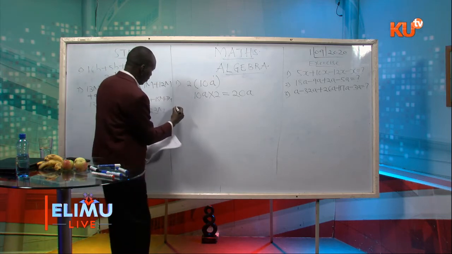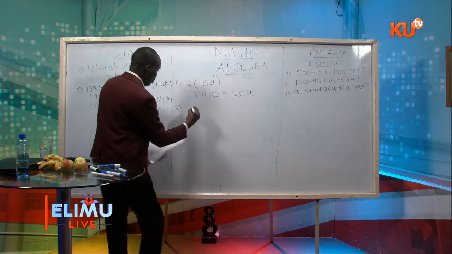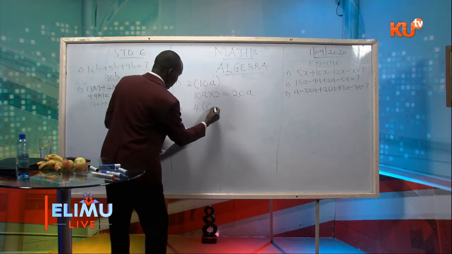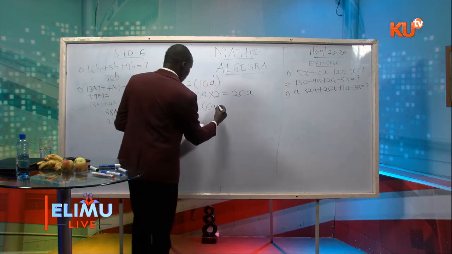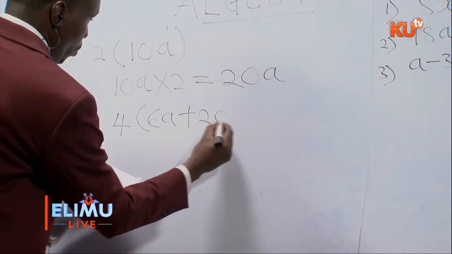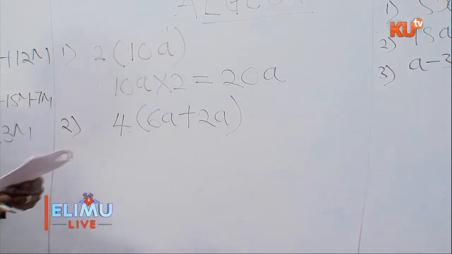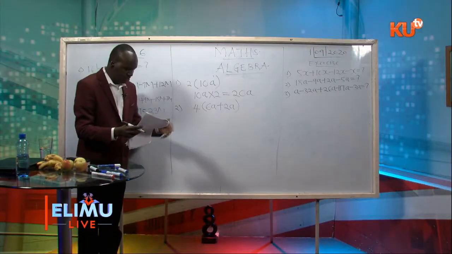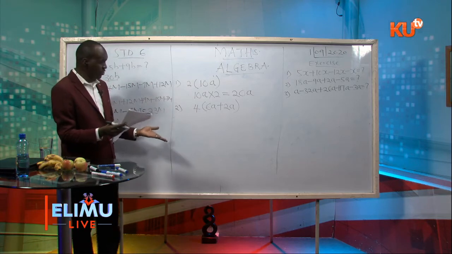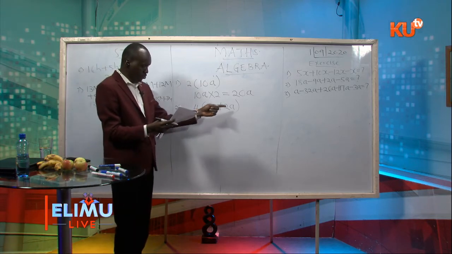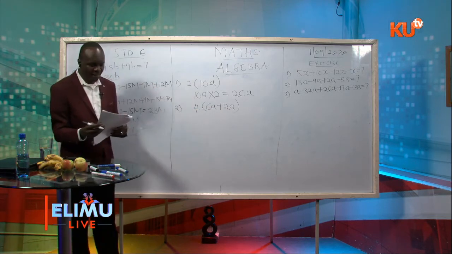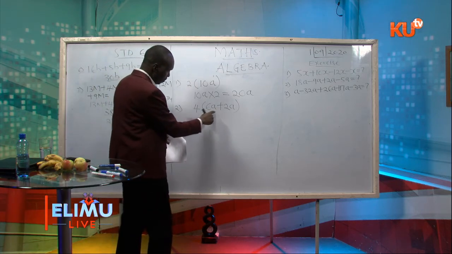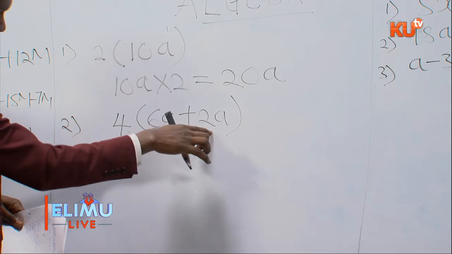Our next example is 4, open the brackets, 6A plus 2A, close the brackets. This means we add 6A to 2A. Then we multiply the results by 4. We add 6A plus 2A because they are like terms.